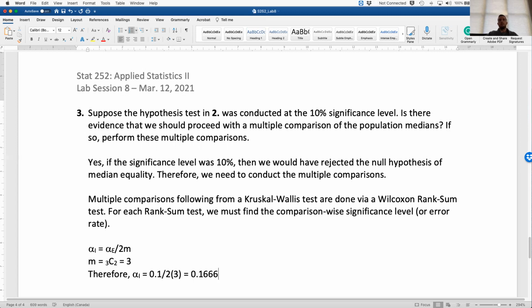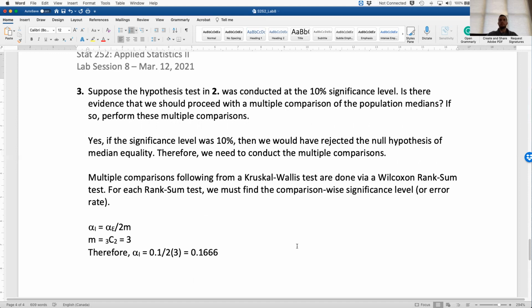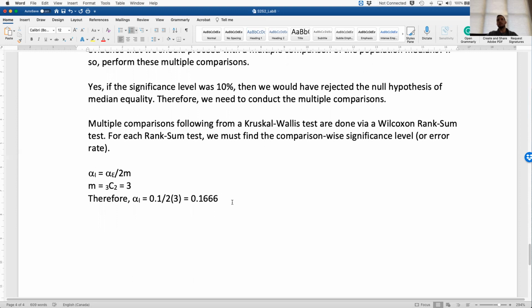Now, the reason why we need to compute this is because we have to compare the p-value from the rank-sum test to this significance level. We have 3 comparisons of interest.